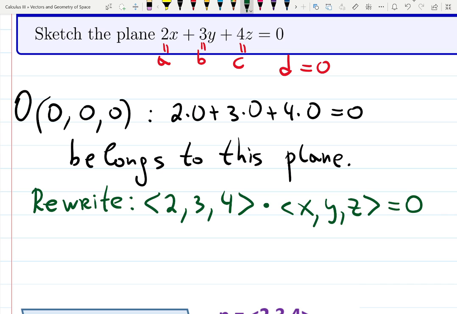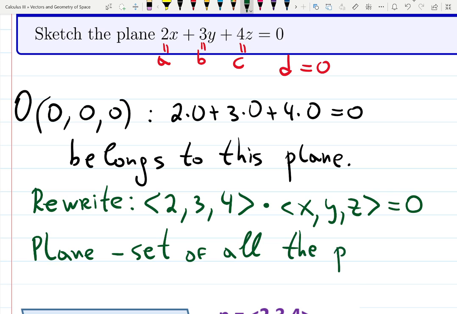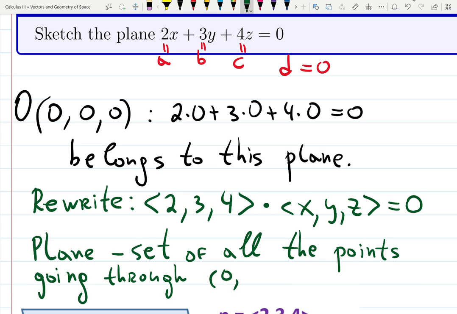So the plane is just a set of all the points going through the origin 0, 0, 0, and notice the most important part here.